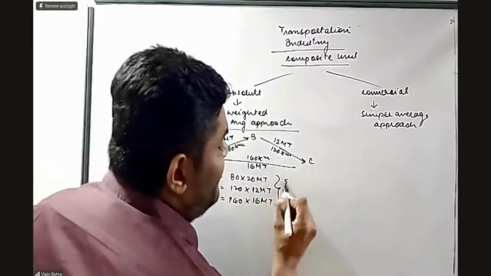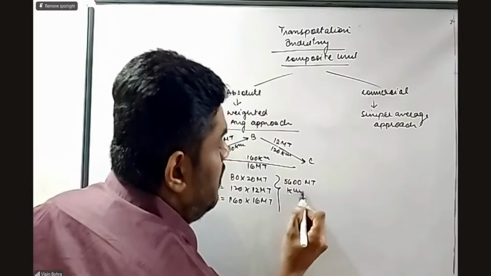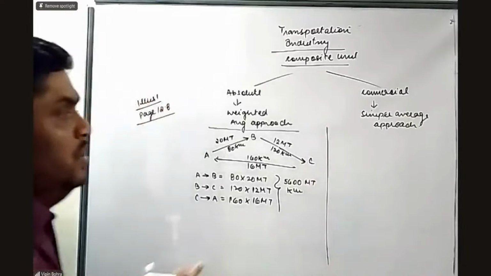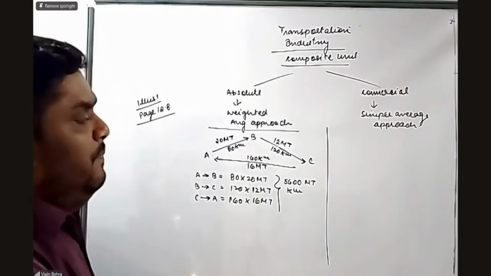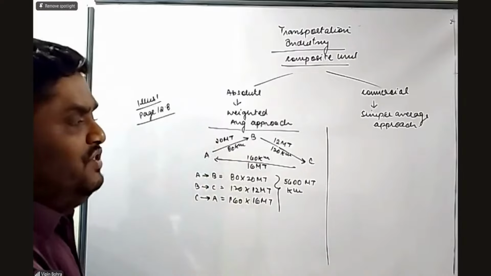So it will be 5,600 metric ton kilometers. This is the weighted average approach, wherein we multiply the distance and the tons traveled.